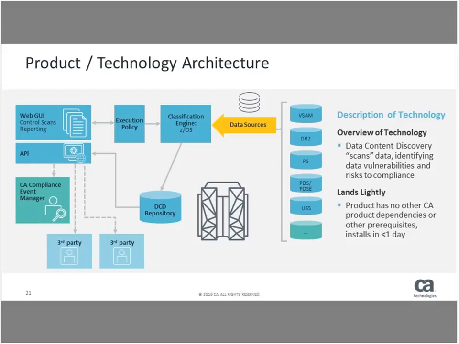It is Java-based. It runs on your zIIP or zAAP processors. So it reduces your cost of running those scans because we actually talk to those custom processors as opposed to running MIPS on your machine. So it makes for a very useful and effectively lightweight tool for doing some very important capabilities for your mainframe data.